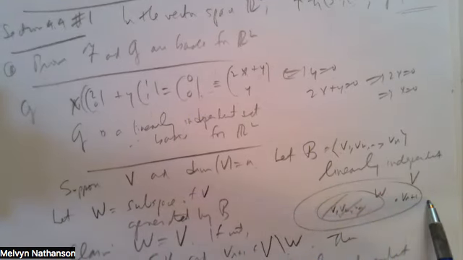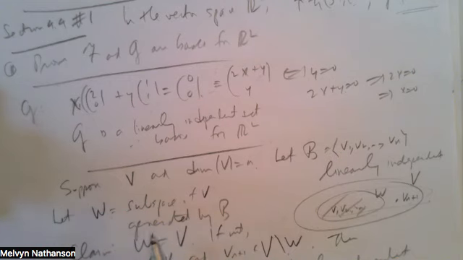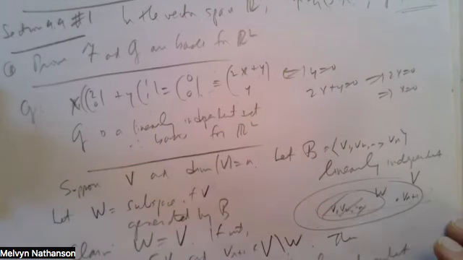Because if some linear combination of these was equal to 0, the coefficient of Vn plus 1 couldn't be 0, or else it would be in W. But this is impossible, because the dimension of a vector space is the size of the maximal subset of linearly independent vectors in the space. So you can't have n plus 1 linearly independent vectors in a vector space of dimension n.